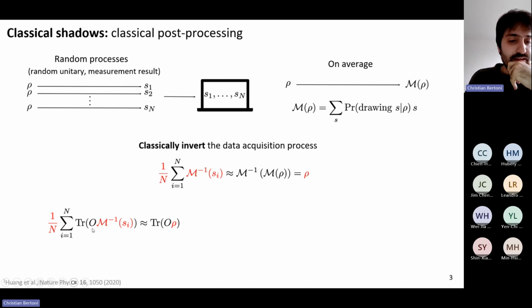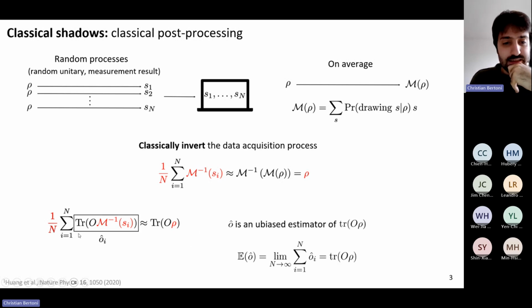And if anybody gives us an observable O, it's clear how we get an estimation of the expectation value. We just take the expectation value in each individual one of these, let's call them inverted snapshots. And by taking the empirical average, we can get an estimation of the expectation value.